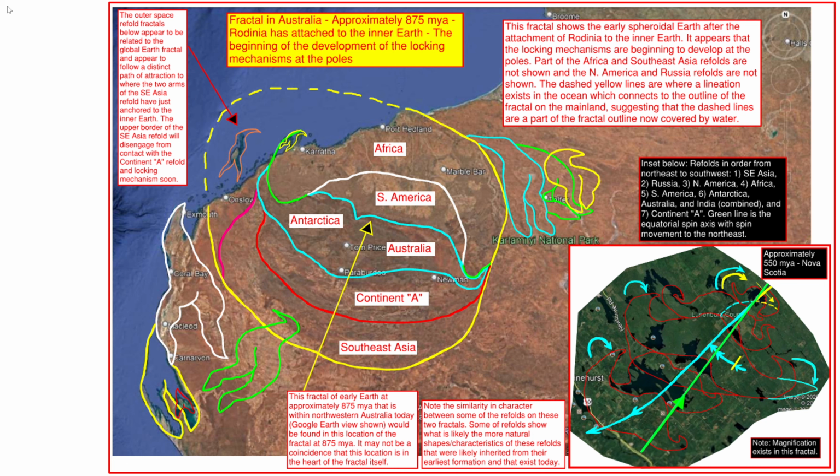So what's going on here is the Southeast Asia refold is right now sort of part of the early locking mechanism. I just put a check on the one arm, check on the other. These arms have yet to go down to the inner Earth and suture to it, and then really the locking mechanism developed.